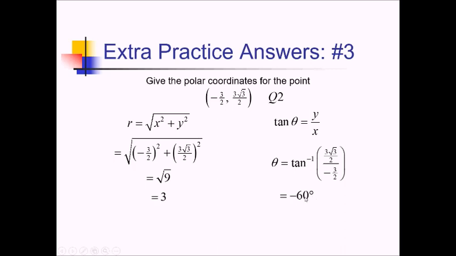This point down here, -60 degrees, that's in quadrant 4. That's a mismatch. So to get the correct quadrant, we have to add 180 to this angle, so that'll be -60 plus 180 is 120, and that gives us the quadrant 2 equivalent of this angle right here. So putting it all together then, we're going to have the polar point (3, 120 degrees).